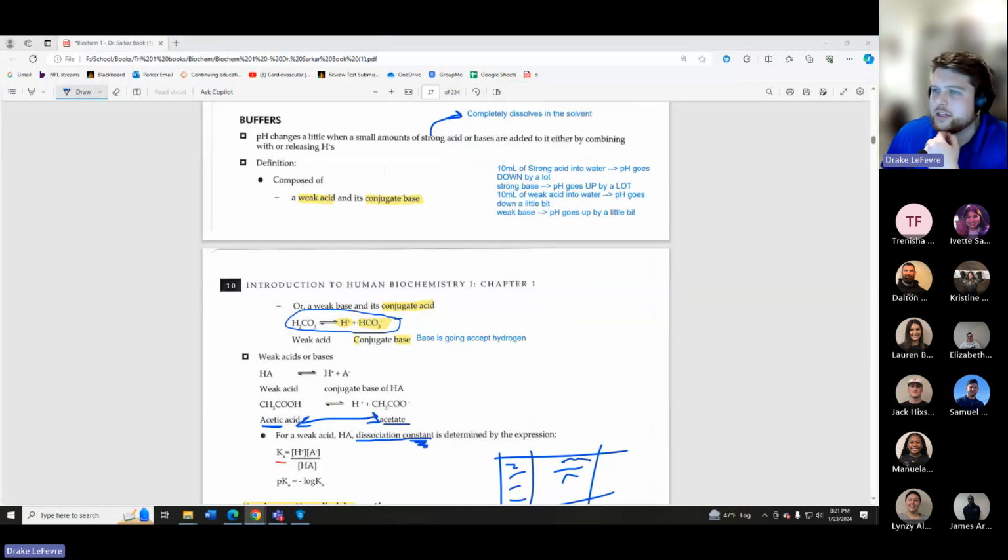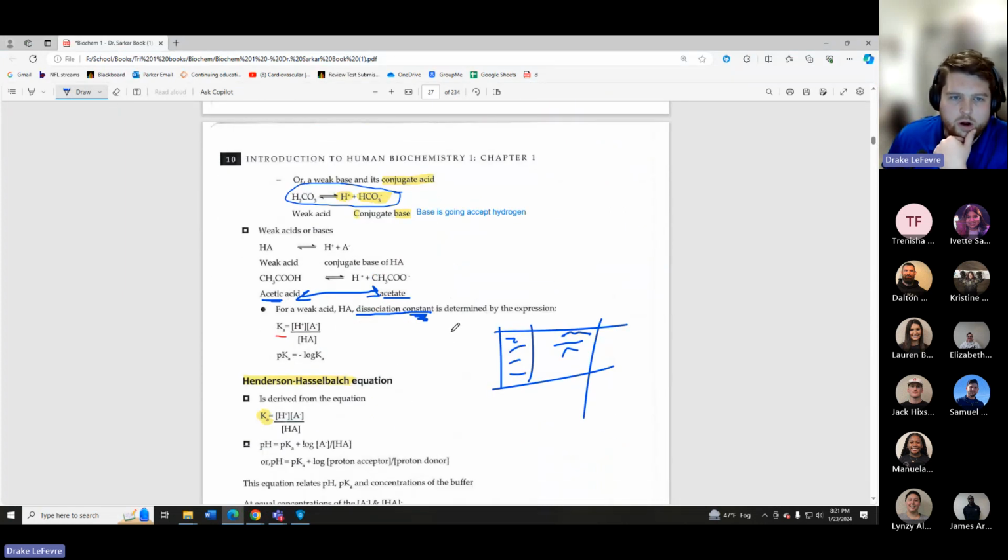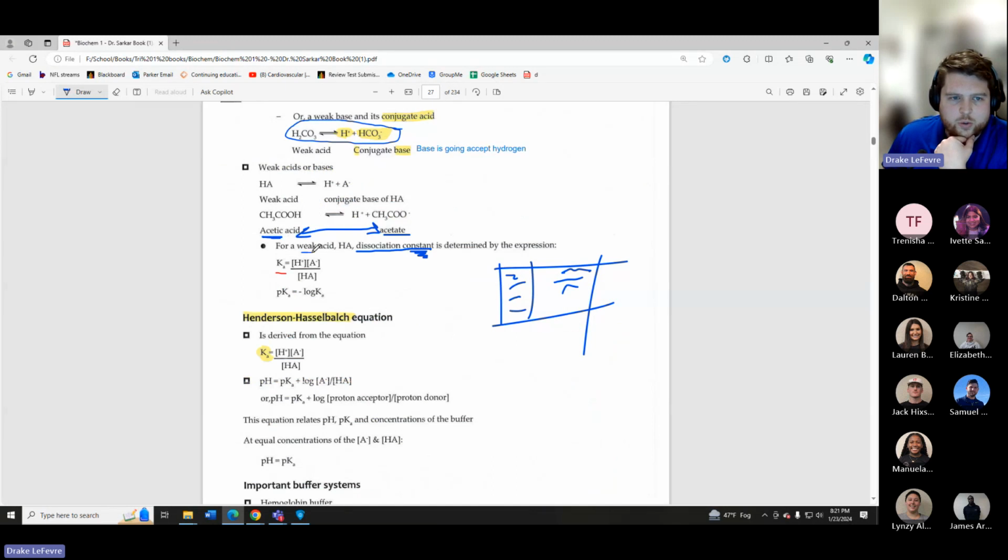So how does the whole thing work? You'll see a couple of equations. What I'm going to recommend, and you should do this for all of your courses, is whenever you get an equation, write out each individual part of the equation and what it represents.